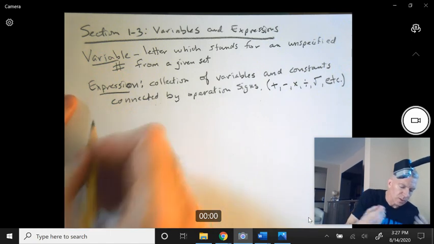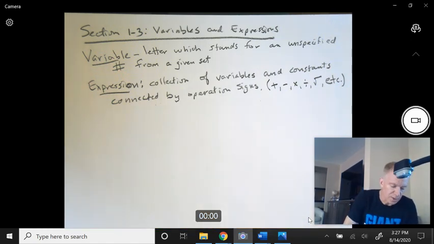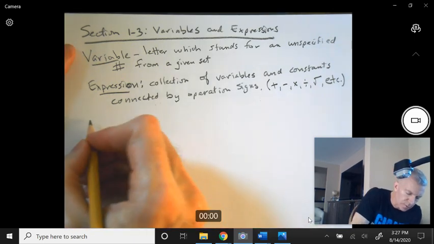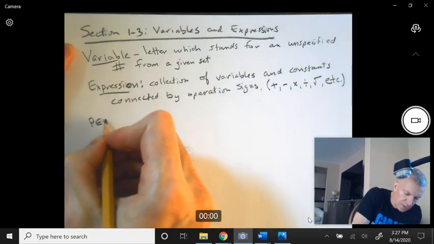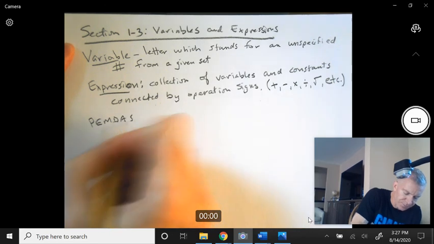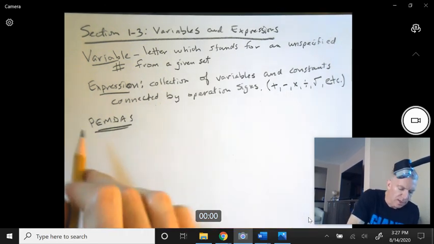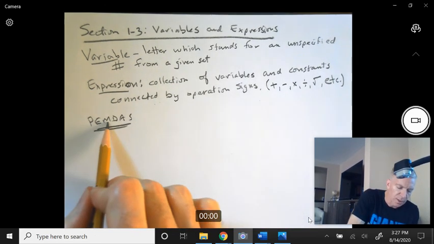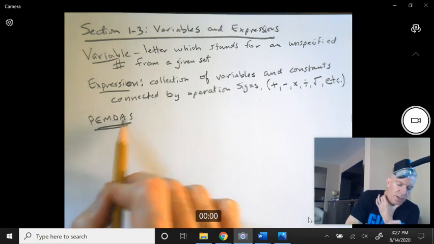But the next thing I want to talk about, when you're simplifying an expression that has all these different operations going on, I'm sure you've heard of something called PEMDAS. Okay, parentheses, exponents, multiplication, division, addition, and subtraction.